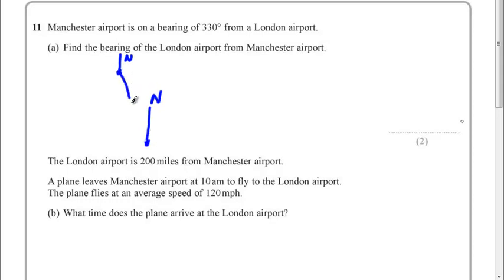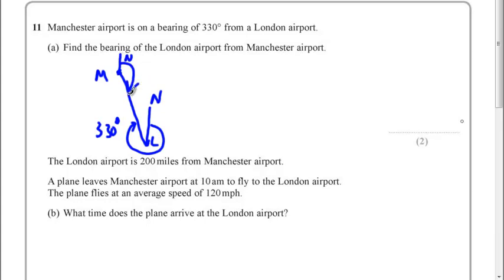That's the bearing there, and that's the 330. We want to find the bearing from Manchester. This is Manchester, this is London. This way round now. There.